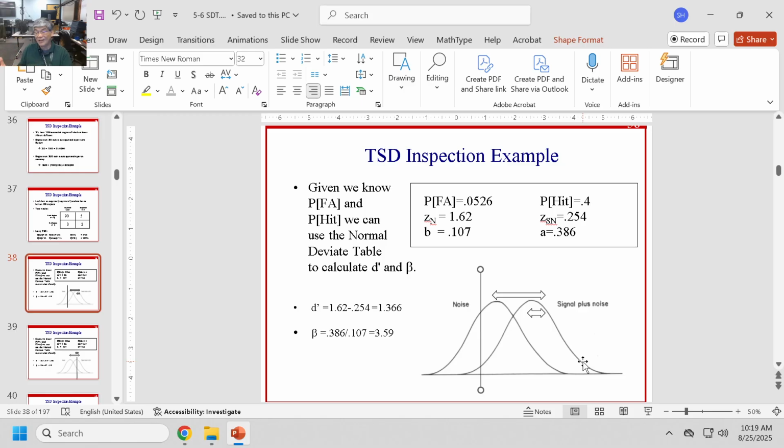But the problem is having too many false alarms. On the other hand, if you say, let it go, and you have a very, very high threshold for the trigger, then not too many bad engines are caught.